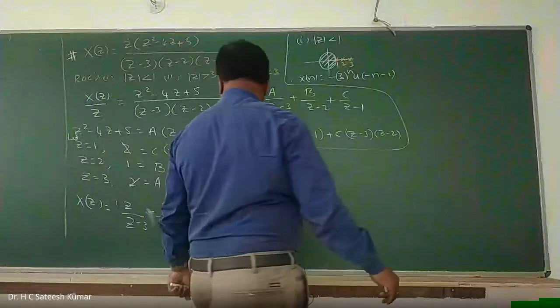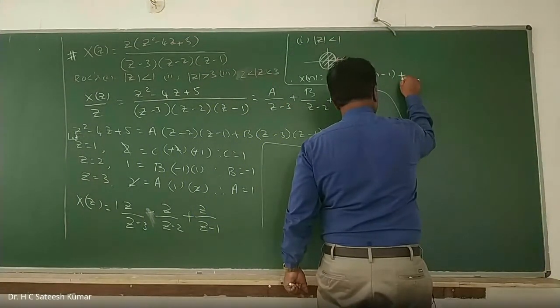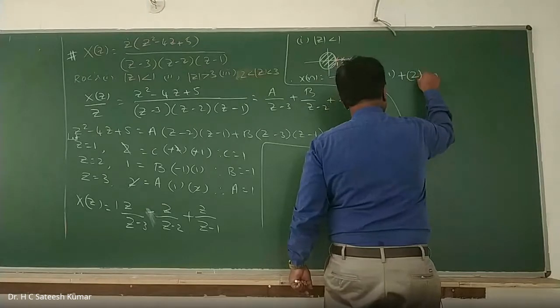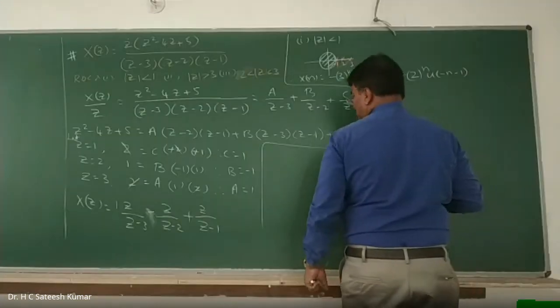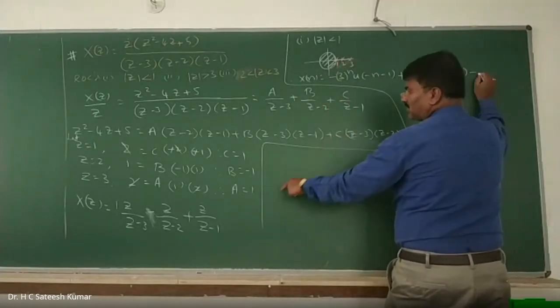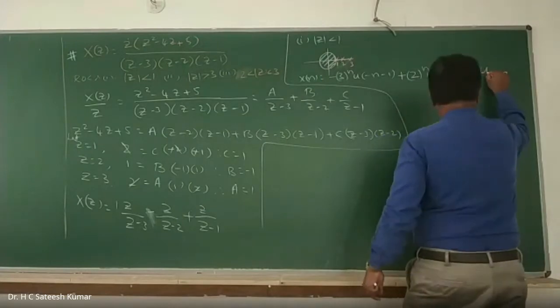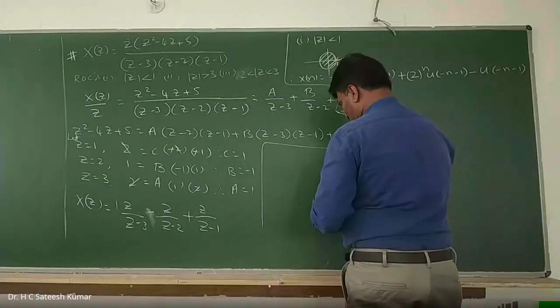The table I gave in the morning, right? Minus of minus is plus, so you will get it. This also is left-handed: 2 to the power of n into u(-n-1). And the third one is minus u(-n-1). That's it for the first case.